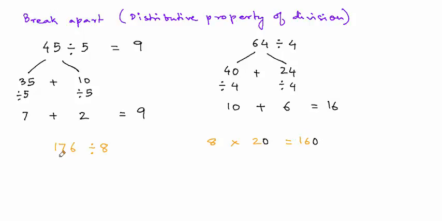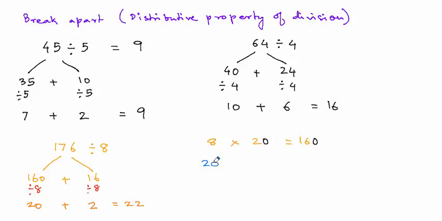Take advantage of this knowledge and break apart 176 into 160 plus 16. And divide each one of them by 8. So 160 divided by 8 of course is 20, as you figured out over here, and 16 divided by 8 is 2. So the answer is going to be 20 plus 2, which is 22.